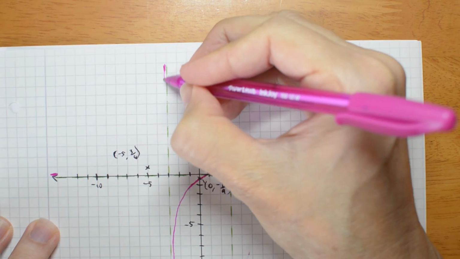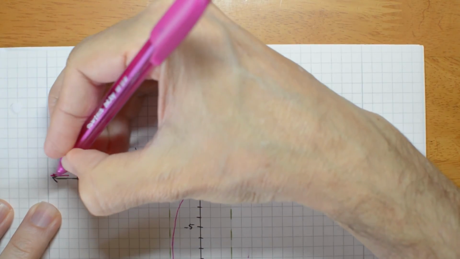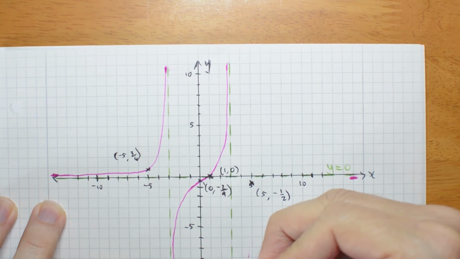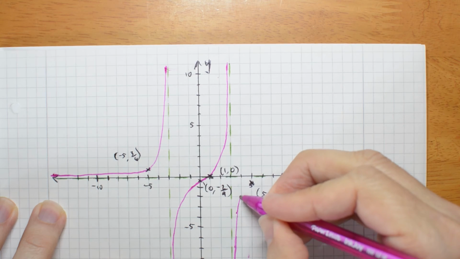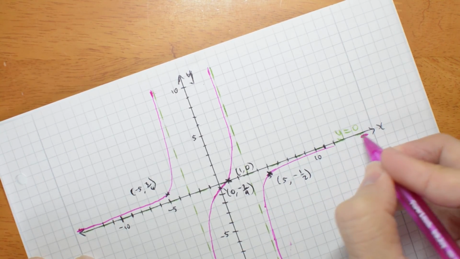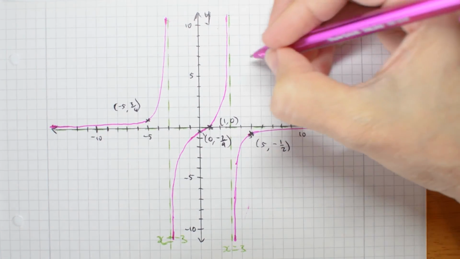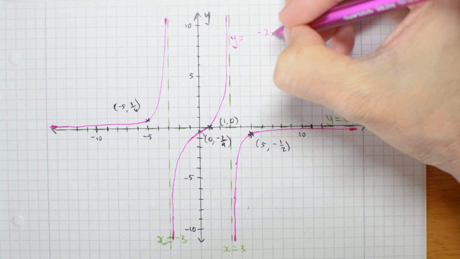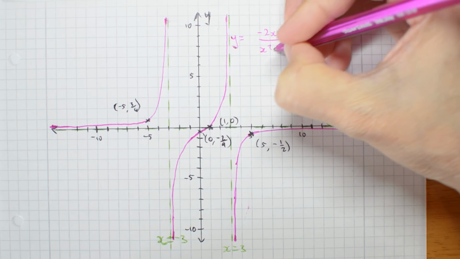It's going to be quite a sharp hyperbola. Sorry, the name of this kind of curve is called a hyperbola. Oops, not supposed to go back on itself, but it's quite sharp. It's going to go out to there. And there is the graph of my function, y equals negative 2x plus 2 over x squared minus 9.